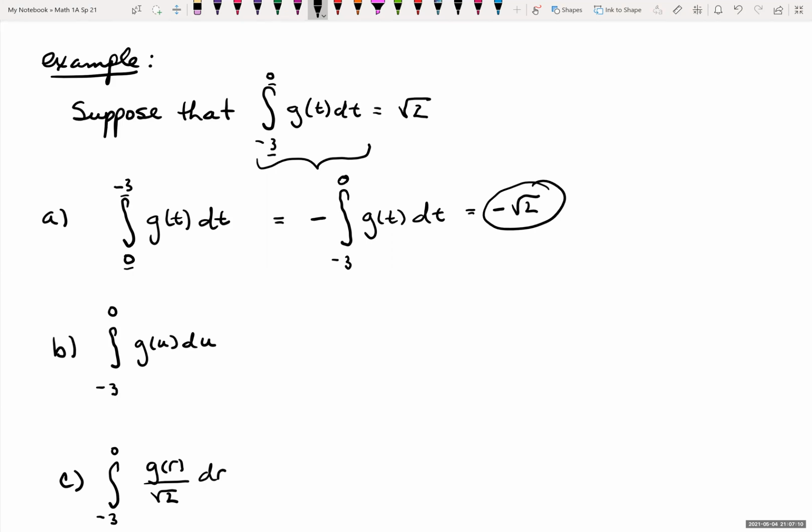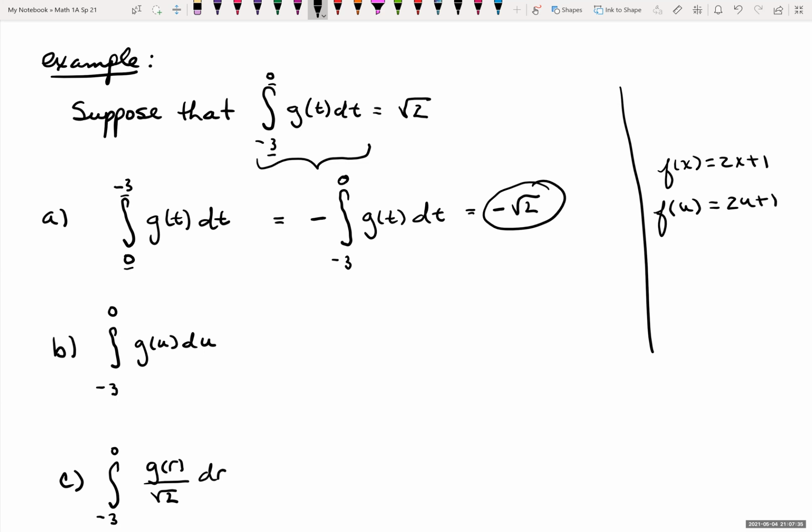Well, if you have an integral from -3 to 0 of g of u du, and I have some function f of x, let's just say is 2x plus 1, and I look at this as f of u, this is equal to 2u plus 1.